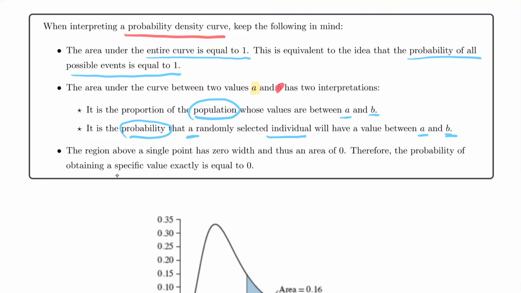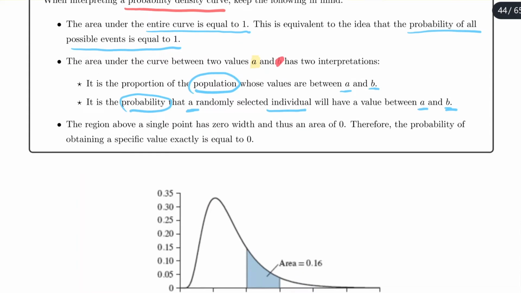Therefore, the probability of obtaining a specific value exactly is zero. This is because we're talking about a continuous variable, so the probability of selecting one specific value is zero because there are infinitely many values.